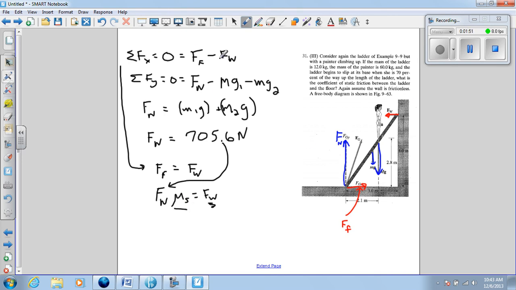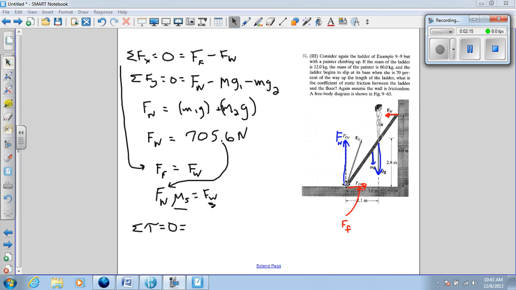But we're out of equations here, which means we have to turn to torque, making the net torque equal 0. To have any torque at all, you have to pick an axis of rotation. I would pick this point right here, because that means this force of friction and this force normal up from the ground both have 0 torque, because they're acting right at the axis of rotation. Therefore, they have no lever arm, so they have no torque.